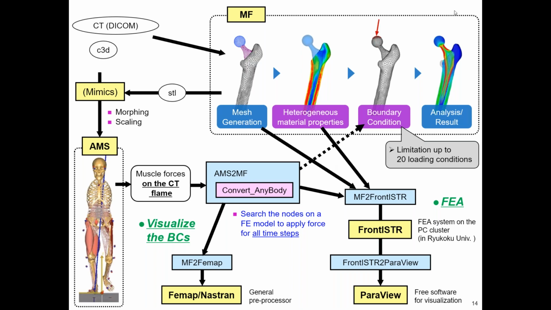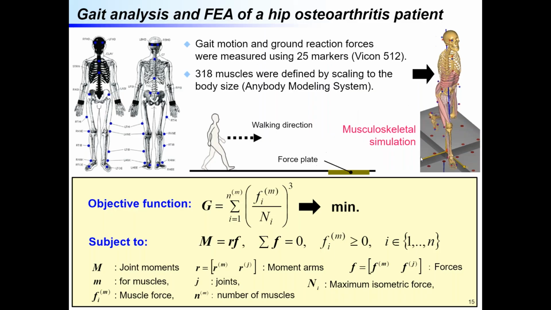So using this framework, we performed gait analysis and FEA of a hip osteoarthritis patient. Motion capture data and ground reaction forces using force plates were collected, and musculoskeletal simulation was performed on AnyBody.